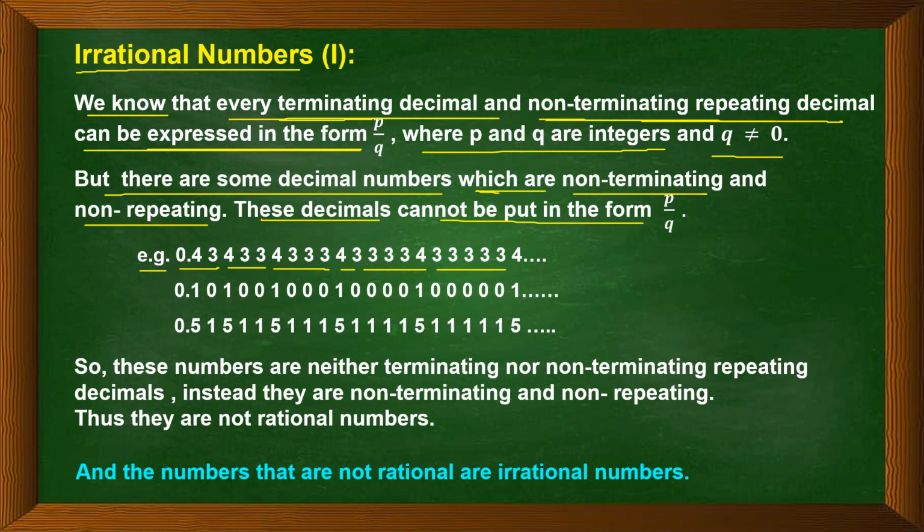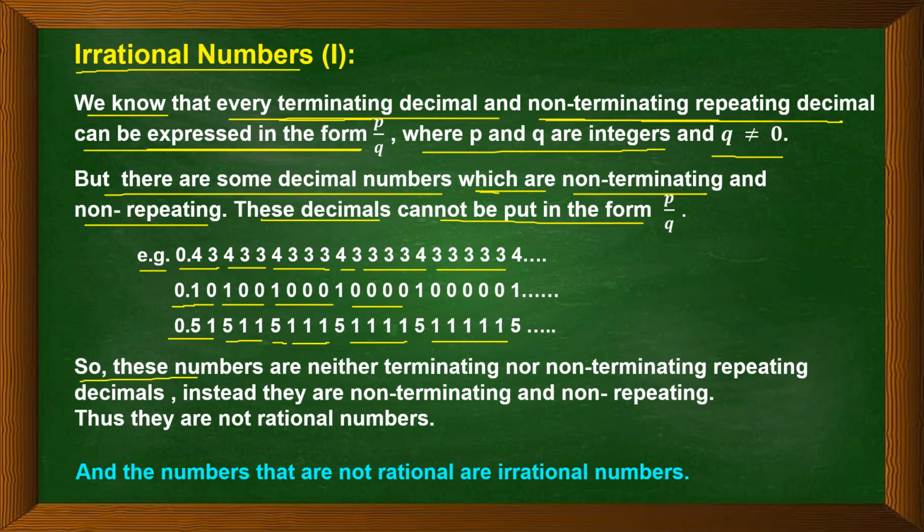So they are continuously going on. They are non-terminating and non-repeating. Similarly 0.10, 100, 1000, 10,000, and so on. It is also non-terminating, non-repeating. Then we have 0.51, 511, then 3 times 1, 4 times 1, 5 times 1, and so on. So again it is non-terminating and non-repeating.